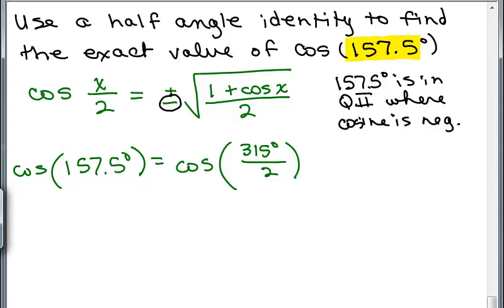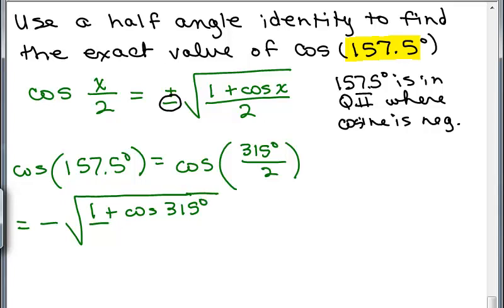Now that I've done that, I can use this formula. All right, so what's the formula say? It says you're going to choose whether it's positive or negative, so I've decided I'm going to choose the negative sign. And now my x is 315 degrees. So I'm going to put in 1 plus, you want to write this down, you're just using the formula, 1 plus the cosine of 315 degrees, all over 2.